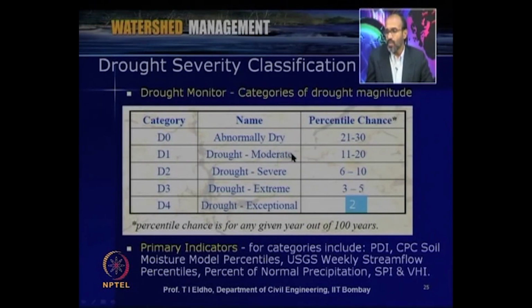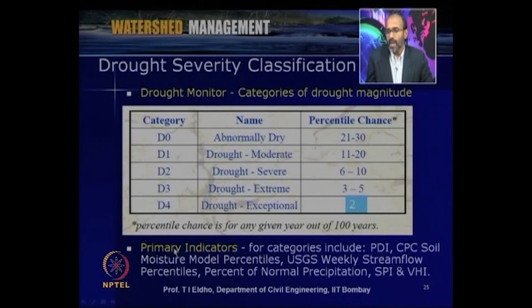Then D1 is moderate drought, with a percentage chance of 11 to 20; severe drought, 6 to 10 percent; extreme drought, 3 to 5; and exceptional drought, a percentage chance of 2.